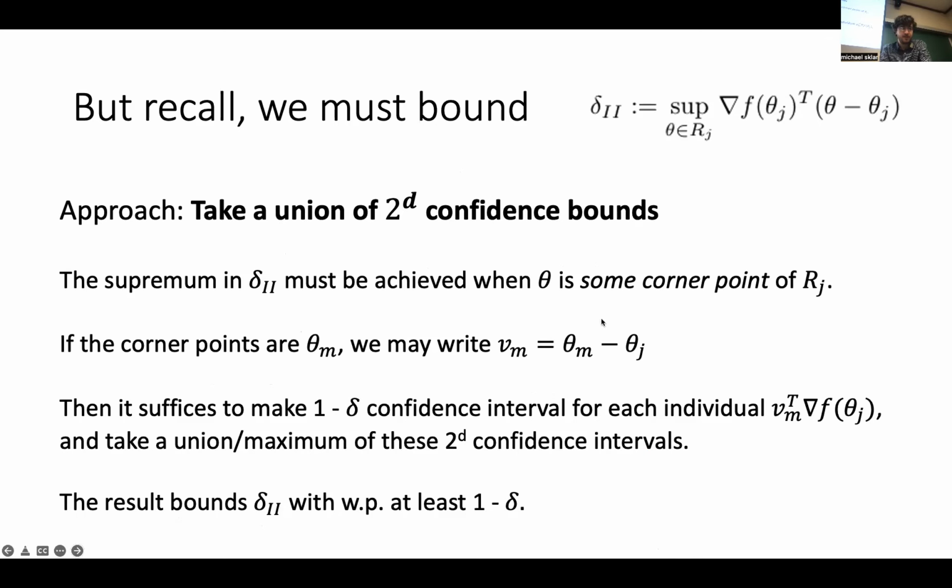The observation we're going to make in order to do this is that this term we're trying to maximize over, that sup is going to be achieved at some corner point of your rectangle. There are 2 to the d points. That's at least finite. So if for each of these different corner points we consider making a confidence interval, we could take the union of them. And then this is going to be at least something with coverage 1 minus delta for the whole rectangle shape.